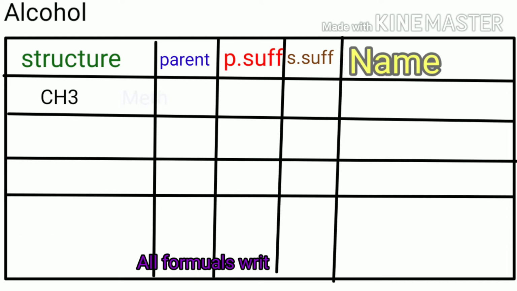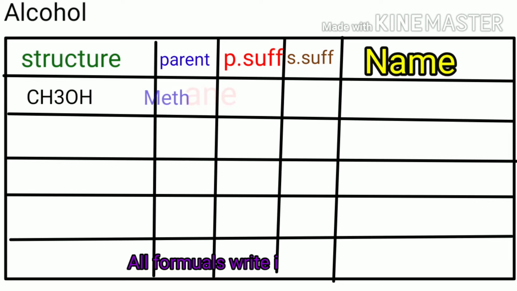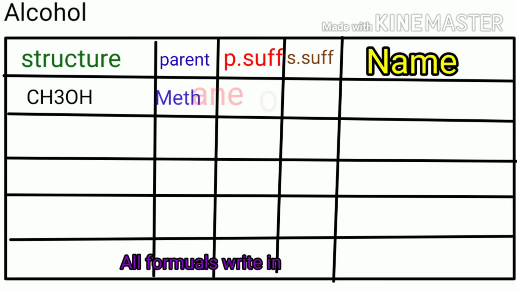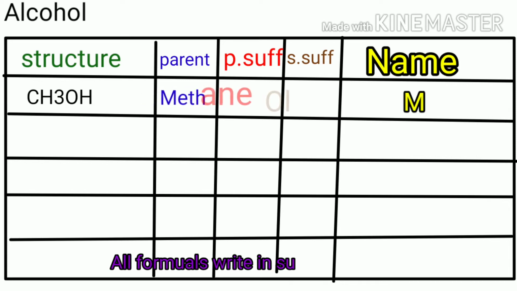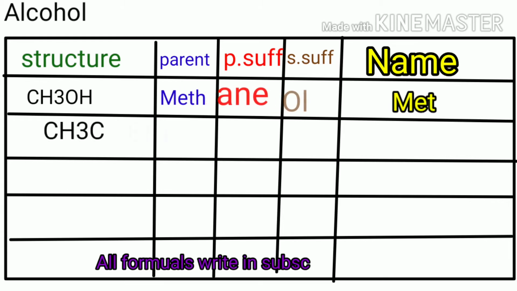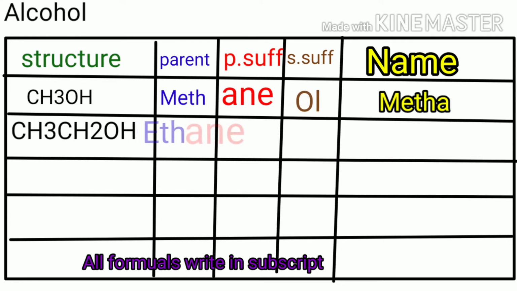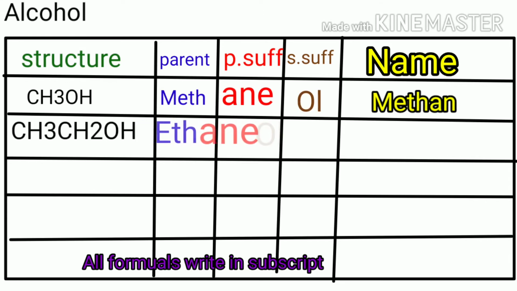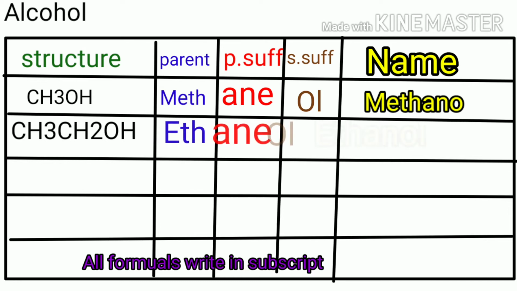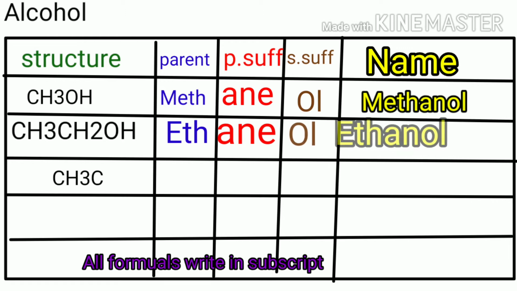Then the secondary suffix. So the name is parent plus primary suffix plus secondary suffix. The first one is CH3OH. The parent is number of carbons 1, so meth, plus primary suffix ANE. OH is present there, so the secondary suffix OL is added. So the name is methanol.